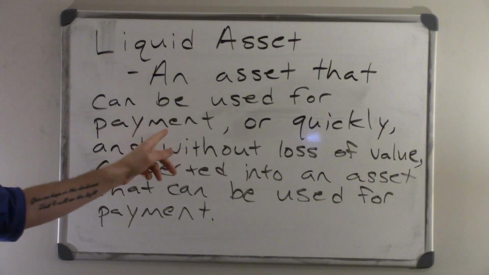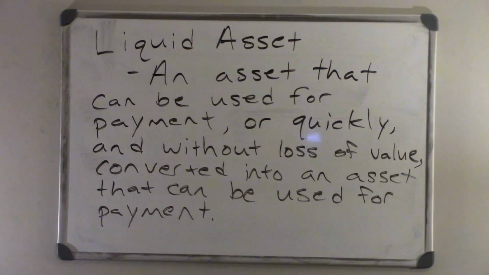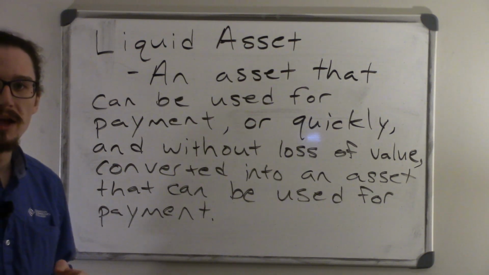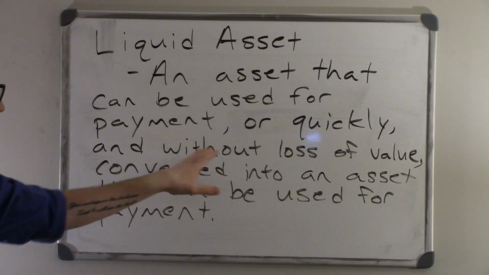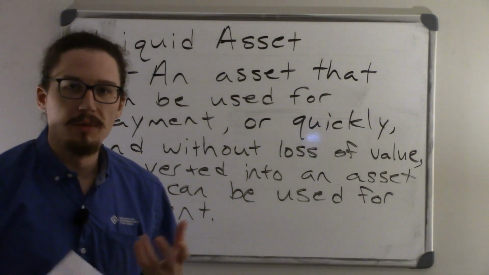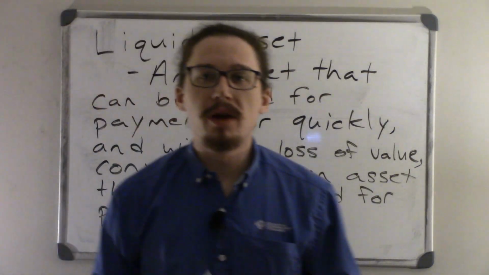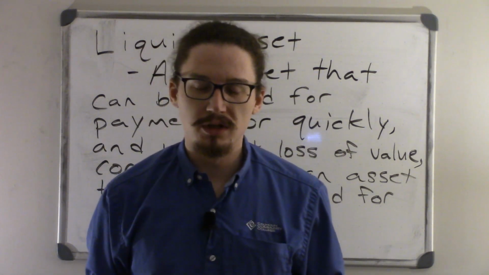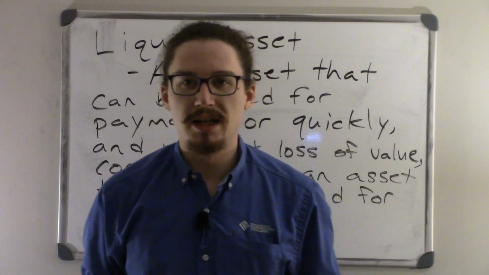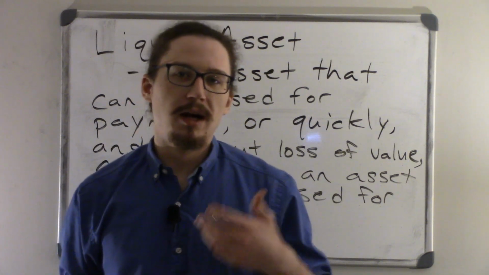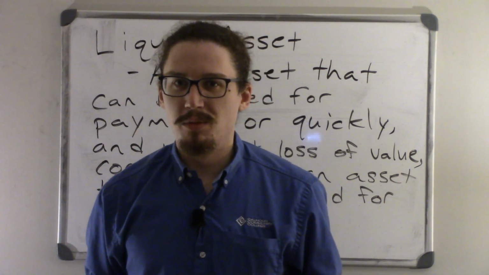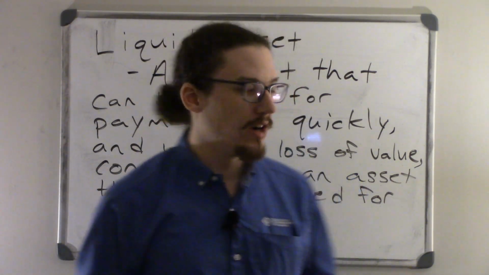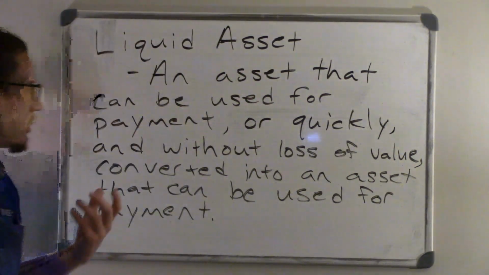This also comes into play with things like, it's not just an asset that can be used for payment, right? This whole "without loss of value" is very important. Somebody would probably take my car in exchange for something, right? I might be able to use that as payment, but probably not going to get the best deal.